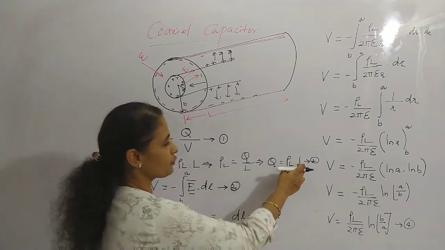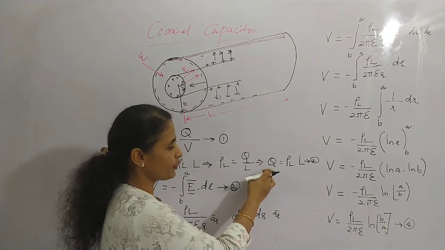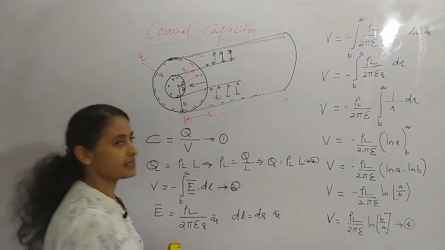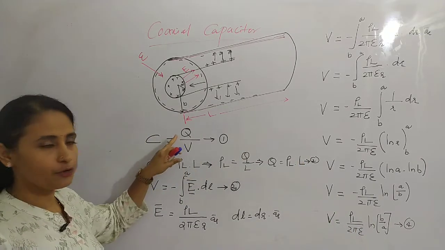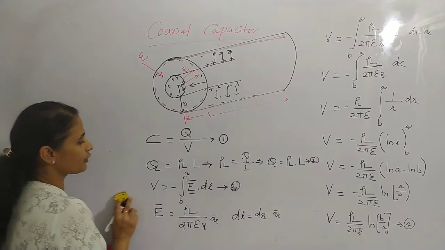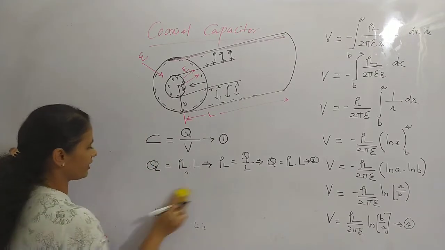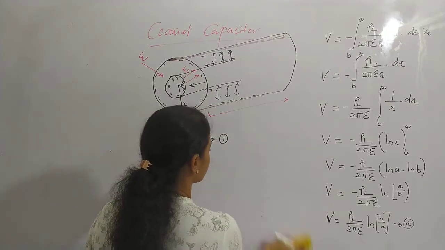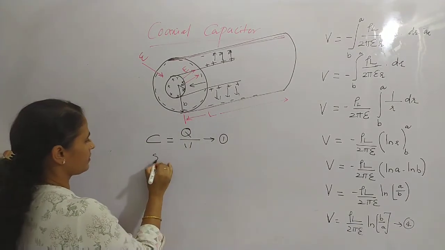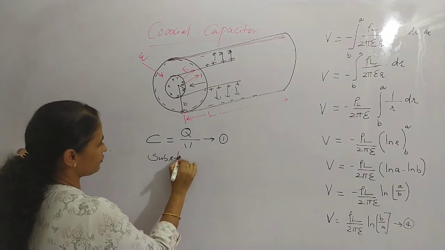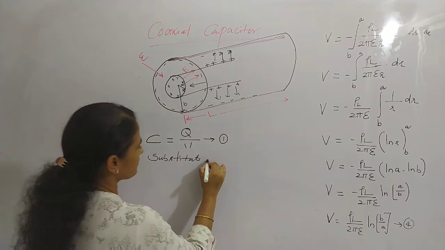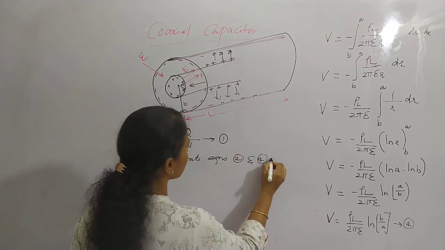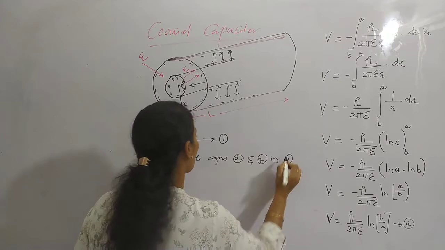From equation 2 we have the value of Q, and from equation 4 we have got the value of V. So what is the equation of capacitance? Q by V. Let us substitute Q and V, equations 2 and 4, in equation 1.